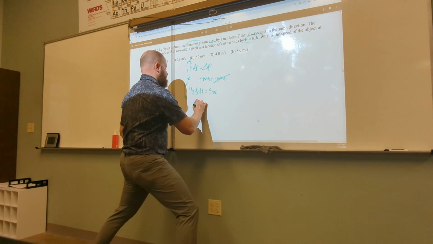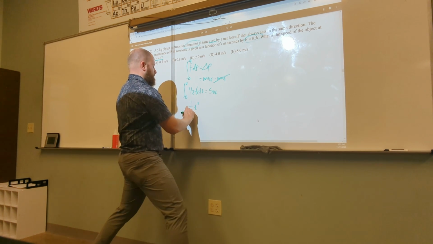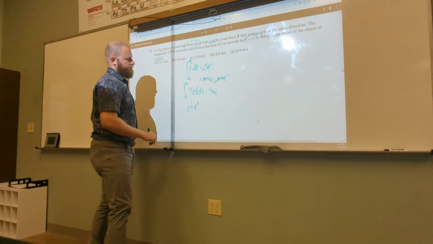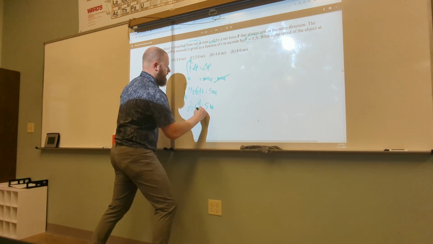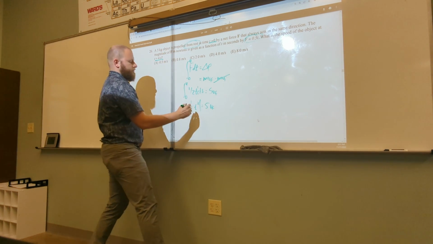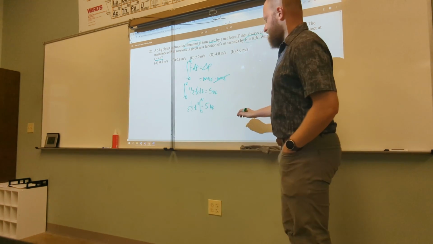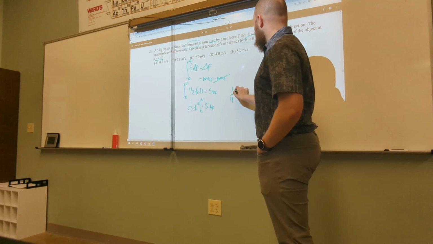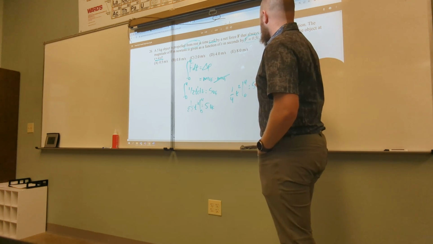So I have t squared, and then I need to take this number and divide. So 1/2 divided by 2 is equal to 5 v_f. And remember, I'm evaluating from 0 to 4. So I have 1/4 t squared from 0 to 4 equals 5 v_f.